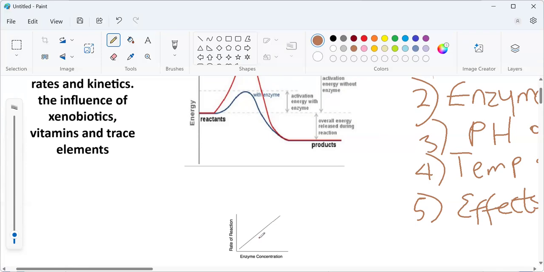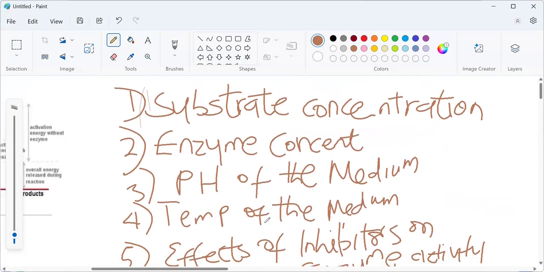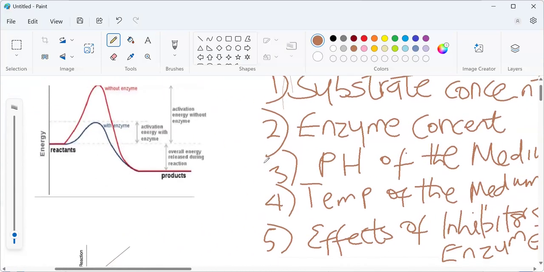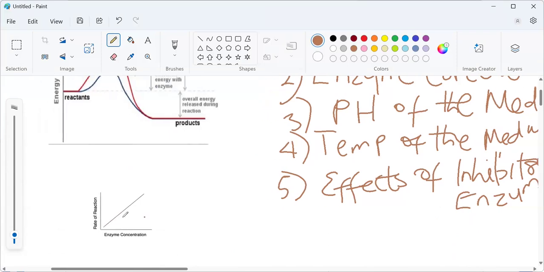So as the enzyme concentration is increasing in this diagram, the rate of the reaction also increases. Here I talked about the enzyme concentration.